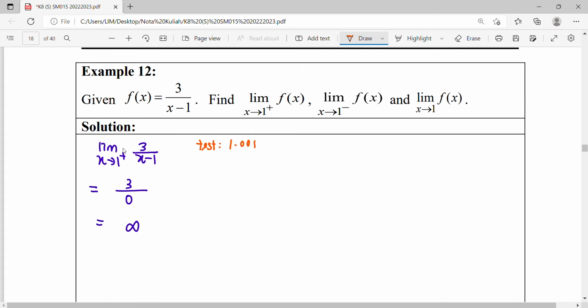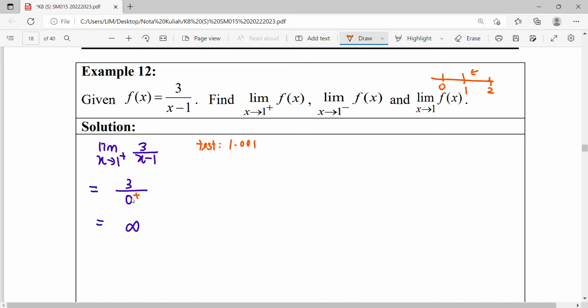Betul? Number that is close to 1 from the right hand side, 1.001. Betul? So when you have 1.001 minus 1, it means you are approaching the result of 0 positively.